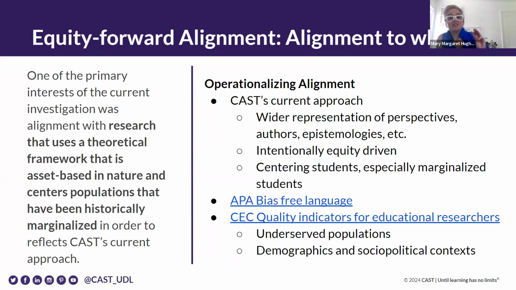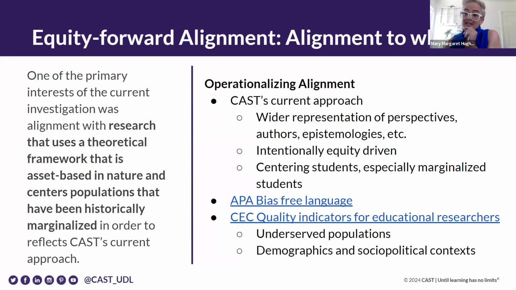And I use 3 primary sources for guidance on this. I used CAST Current Approach, which we've talked about quite a bit. I used APA, which created in 2019 and then edited again in 2023. APA has really wonderful and helpful bias-free language guidelines.